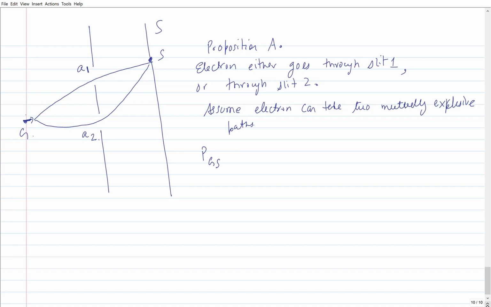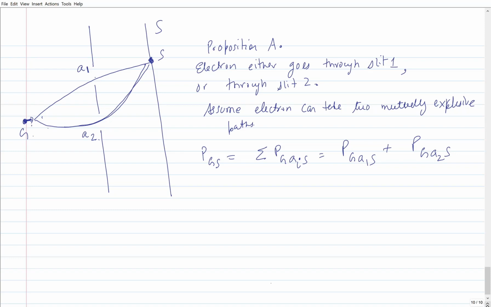Probability of GS is the probability that the electron starts here and lands up on the screen S. Probability of GS is the probability of GA1S, which essentially means the probability the electron takes this path GA1S, plus the probability it takes this path over here.